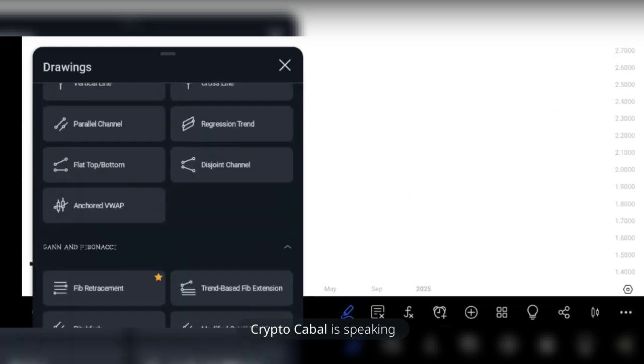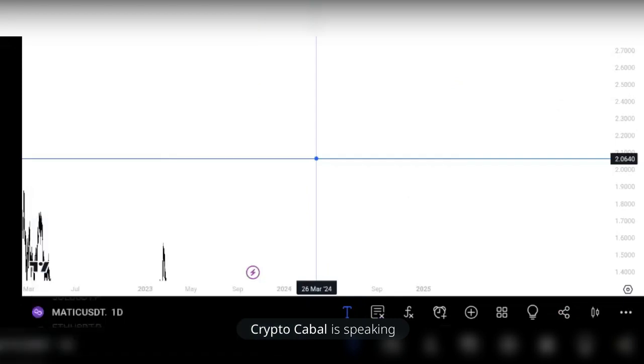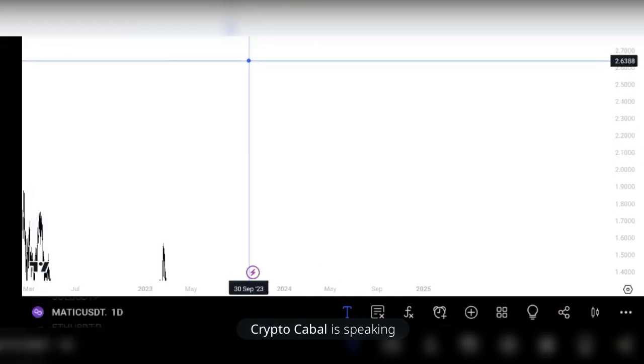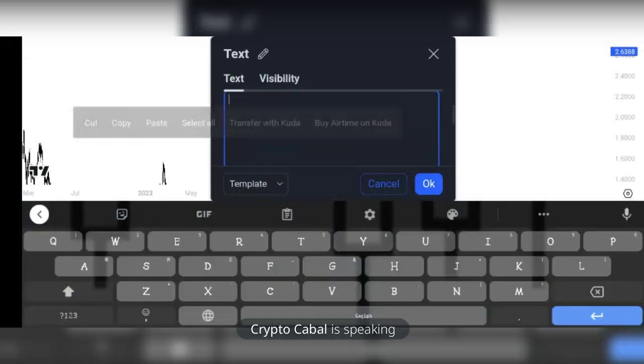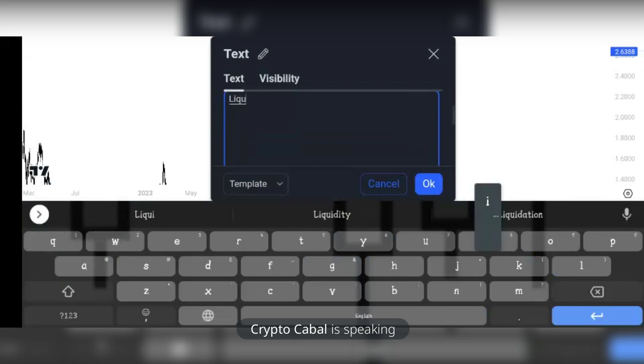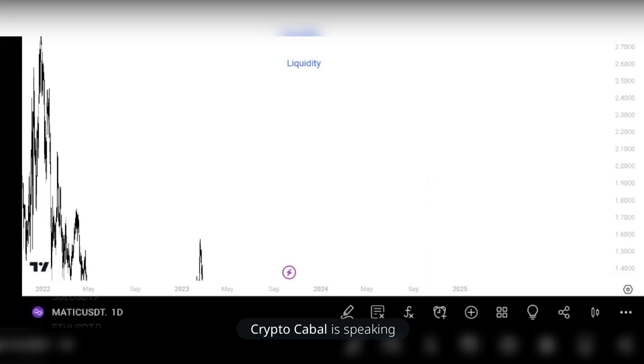When we are talking about liquidity, you would have been hearing people say that if you don't look out for liquidity, you will in turn be used as liquidity. So today we'll be talking about what liquidity actually means. Liquidity in trading literally means money, and we have different types of liquidity in trading.